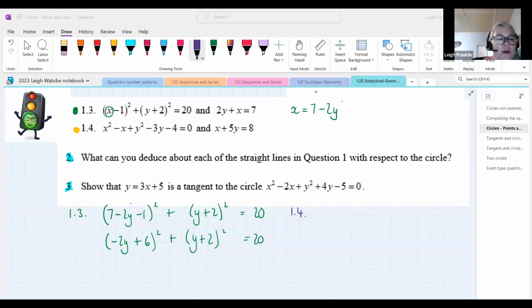Okay, so in question 1.3, we would need to expand our brackets. I'm just wondering, instead of me talking, let's see if somebody else can do this. Is there somebody who did 1.3 that would like to take us through how they did this? Anybody? Ma'am, can I speak? Go for it.